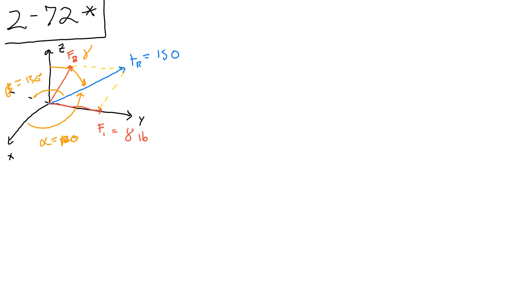The question is: two forces, F1 and F2, act on the origin here. If the resultant force has a magnitude of 150 pounds, and they show us these directional angles, find the magnitude of F2 and its directional angles.